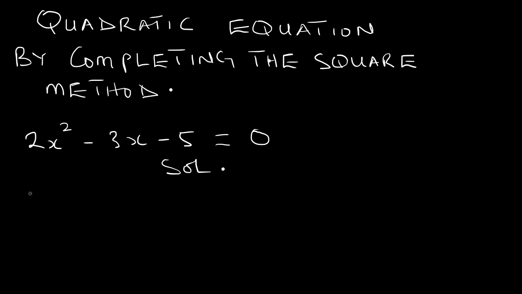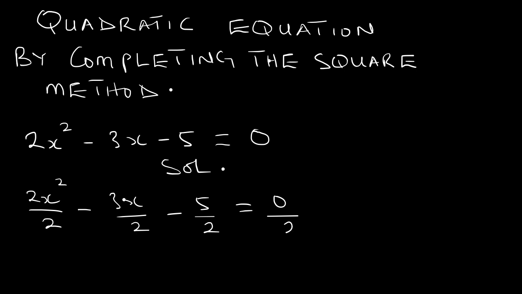So now we'll say 2s squared divided by 2 minus 3x over 2 minus 5 over 2 is equal to 0 over 2. If we do that, 2 will cancel with 2 and we have s squared minus 3 over 2x minus 5 over 2 is equal to 0.